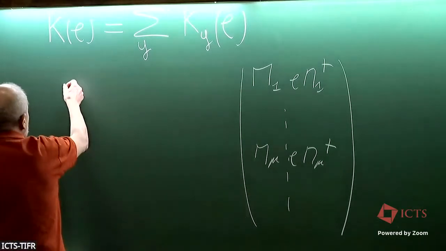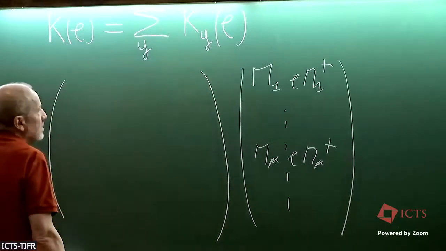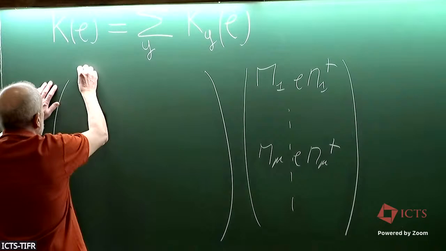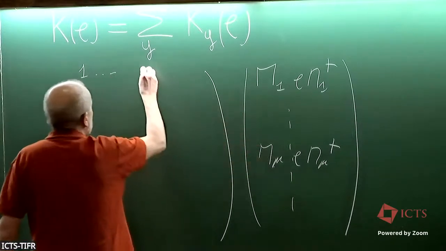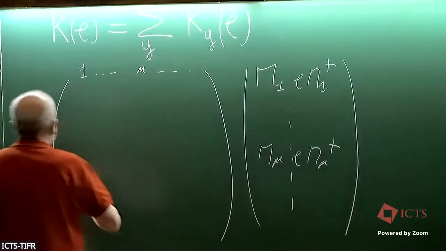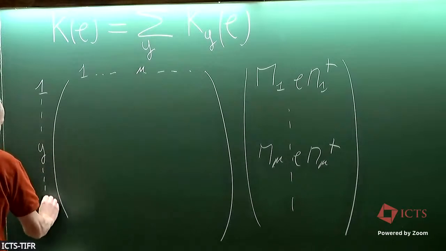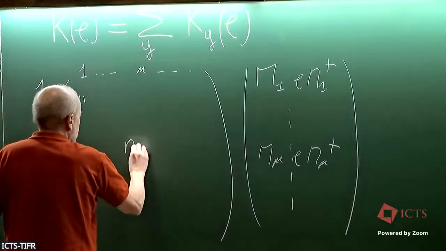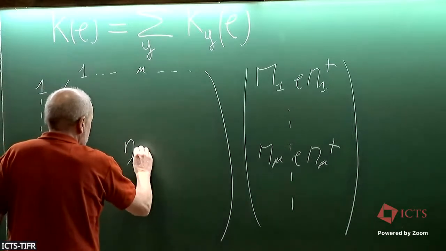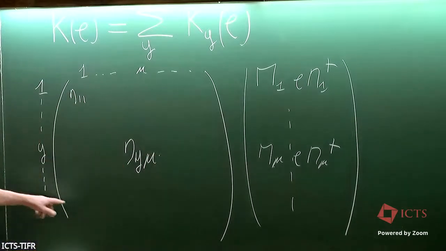And here what you have is a stochastic matrix. Here you have 1, here you have the index mu, and so on. And here you have the index corresponding to Y. And here I have eta_11, and in general eta_Y mu. And this matrix is a left stochastic matrix.